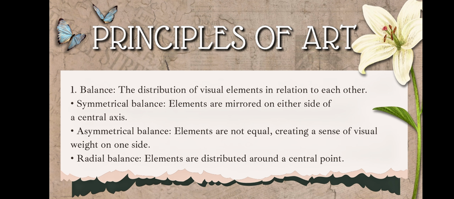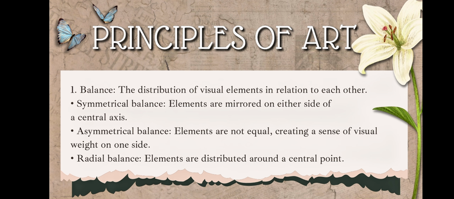Principles of art. Balance: the distribution of visual elements in relation to each other. Symmetrical balance: elements are mirrored on either side of a central axis. Asymmetrical balance: elements are not equal, creating a sense of visual weight on one side.